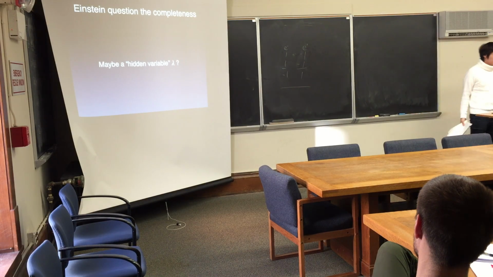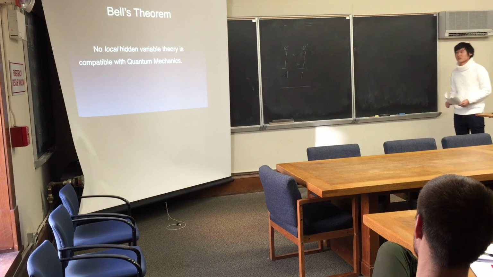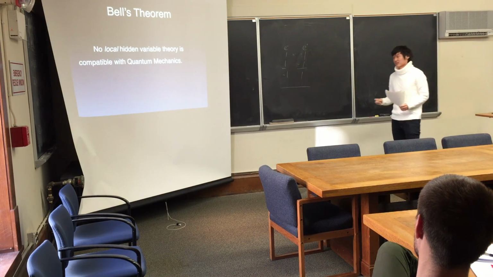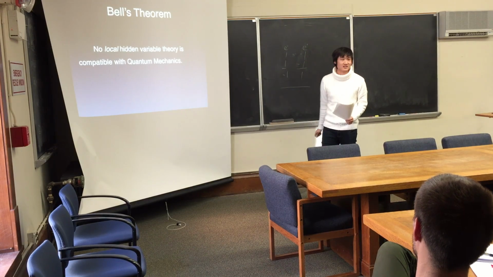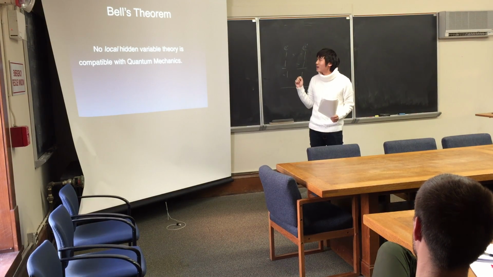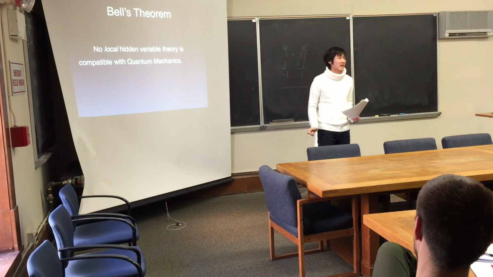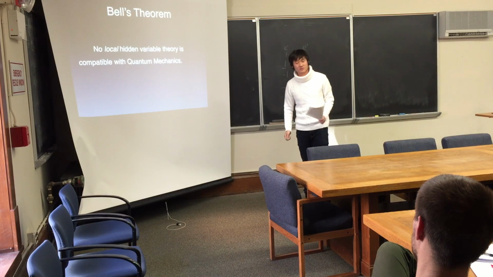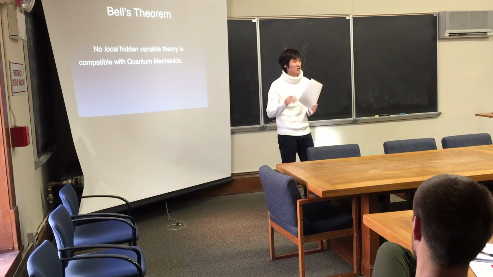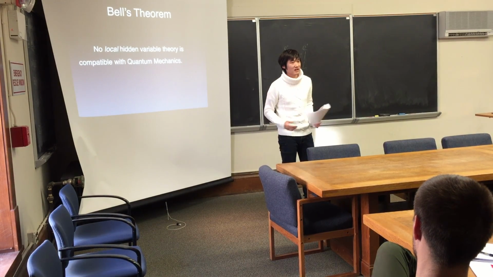But there's a genius called Bell, and he showed that no local hidden variable theory is compatible with quantum mechanics. That's a very famous no-go theorem. It means some physical situation is impossible.